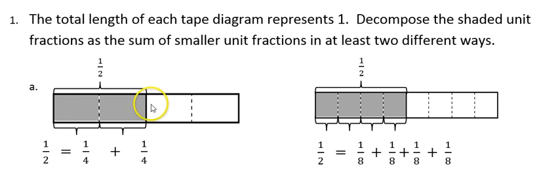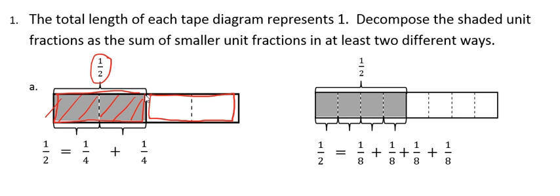We have a whole, and it's been divided into 2 equal pieces. And each of those pieces represent 1/2. One piece has been shaded. So this shaded portion of the tape diagram is showing 1/2.